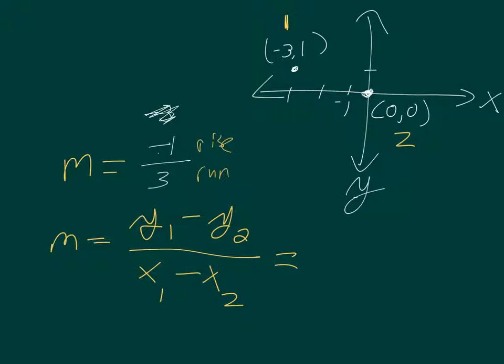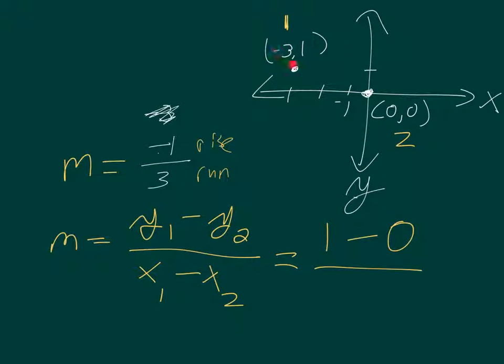When I do that, y1 is the y-coordinate of the first point. So I'm going to write the number 1 minus, and then y2 is the y-coordinate of the second point. So here's the second point. It's always x, y, and the y-coordinate is 0, so I write 0. Then divided by, and I go back to the first point, because it's x1.